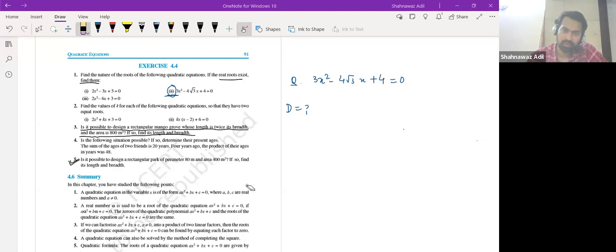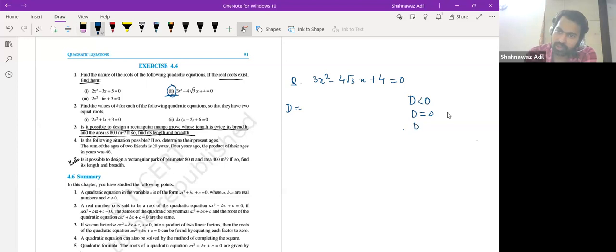Sir, I also got 0. D is zero. Okay. So Amar has asked this question, 48 minus 40. Harsh, you have also got 3. So Amar, we have to calculate this discriminant, right? And the discriminant tells us whether the roots are real or unreal.